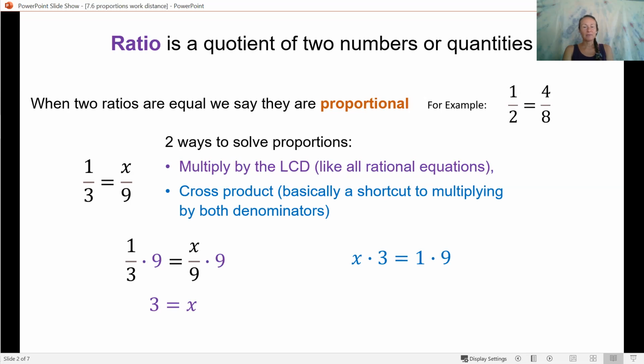This just leaves us with one extra step where we then have to divide both sides by a factor of 3 to get that x equals 3. So as you can see, the cross product works just as well as multiplying by the LCD. The only difference is if your denominators share common factors, when you do the cross product method, you're going to have to divide by those common factors later on as you solve the equation.